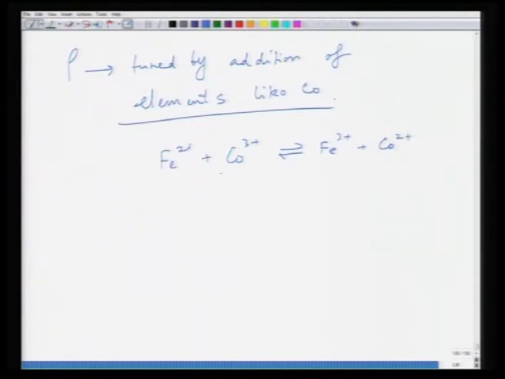So, cobalt converts itself from Co3+ to 2+ and maintains the Fe3+ state.